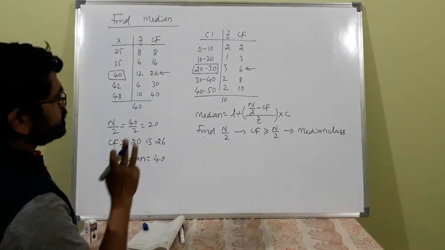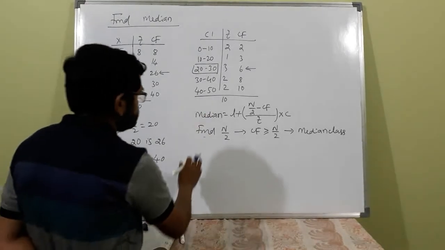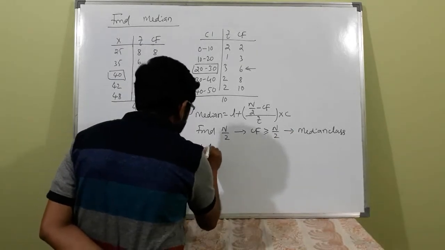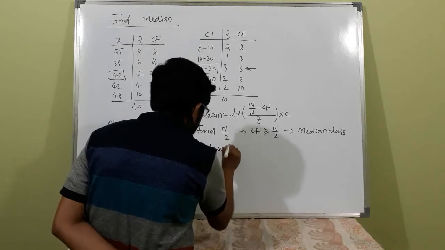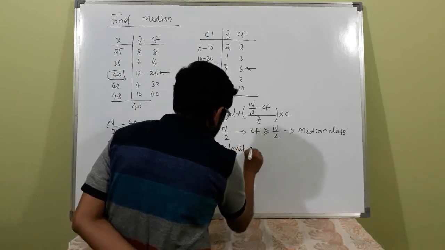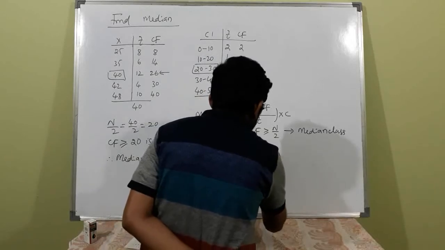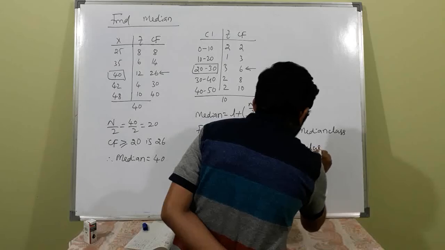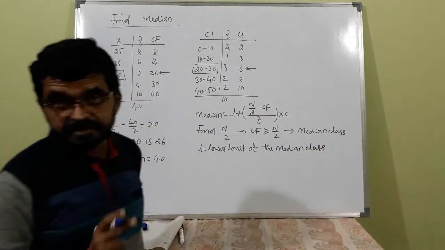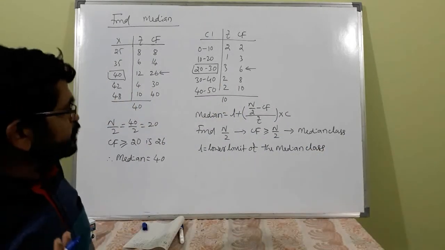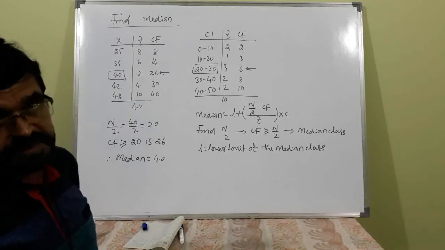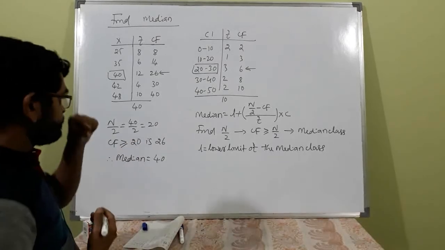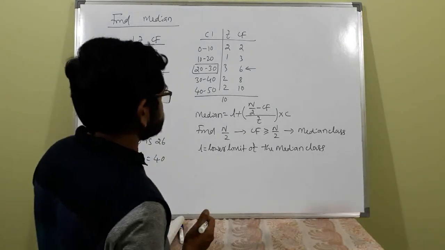See, the median class. Then what is L here? Once you find the median class, L will be the lower limit of the median class. This is very important here also. The computation of mean deviation will be asked. For that, in the first part you have to compute the median, the lower limit of the median class.